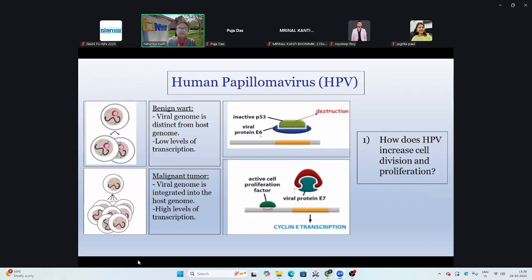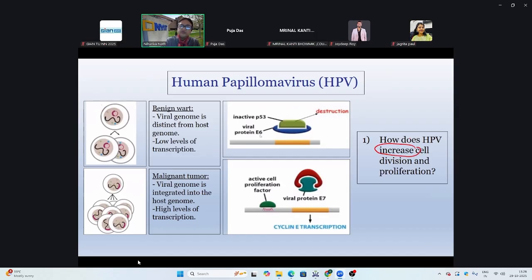Okay. And this is an interesting one. The human papilloma virus, right? The ones that give rise to just warts, simple warts that people have on their skin, or cervical cancer, as you know it. So look here: how does the HPV increase the cell division?